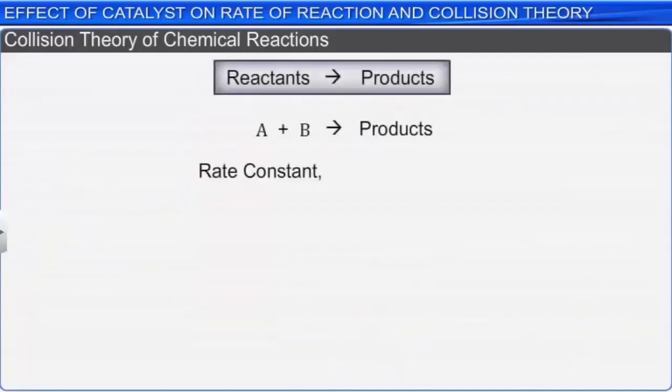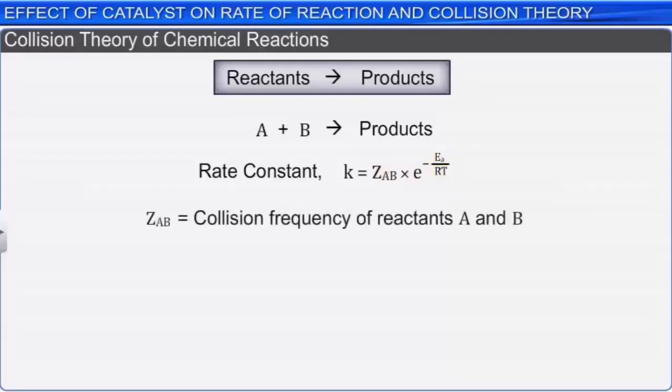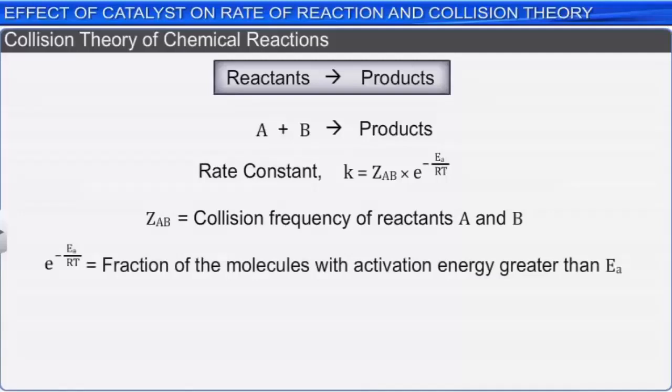The rate constant for a simple bimolecular reaction, as predicted by the collision theory, is k = Z_AB multiplied by e^(-Ea/RT), where Z_AB is the collision frequency of reactants A and B, and e^(-Ea/RT) is the fraction of the molecules with activation energy greater than Ea.